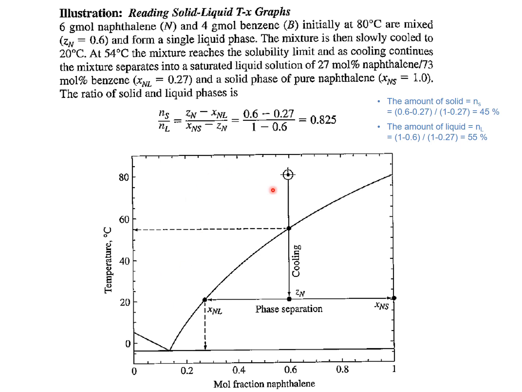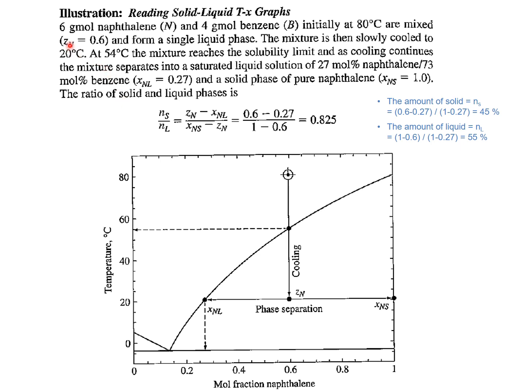Again, you have a single-phase region for liquid here, and another is the single solid phase region. Between them, you have two-phase regions here and there. So, in the two-phase regions, we should calculate the mole fraction and amount of each phase.